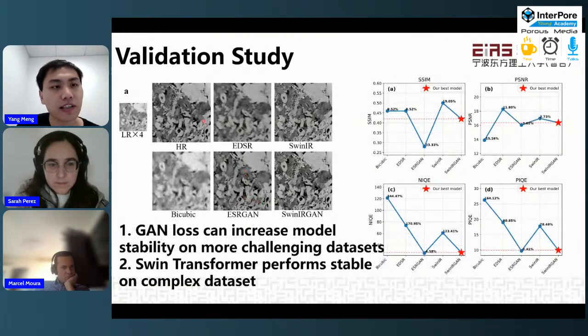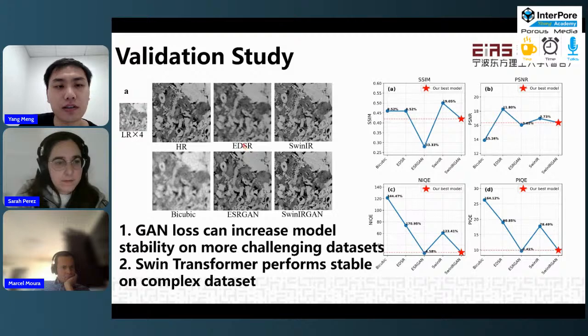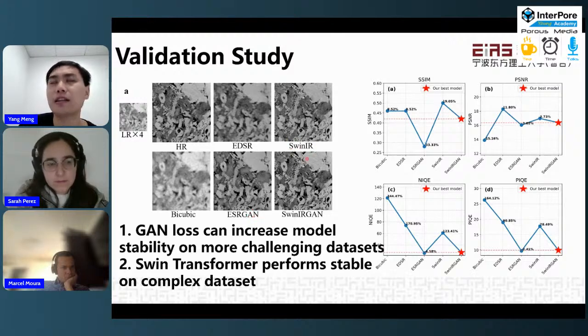And we also did the validation study on the second data set. Sorry, I need to introduce these 4 models. The EDSR is a fully convolutional neural network, and the ESRGAN has a similar structure to the EDSR, but with a GAN loss. GAN is generative adversarial networks. SwinIR is based on a Swin Transformer architecture with only the generator.